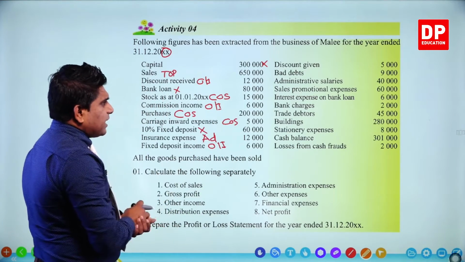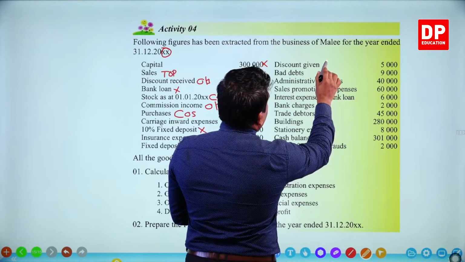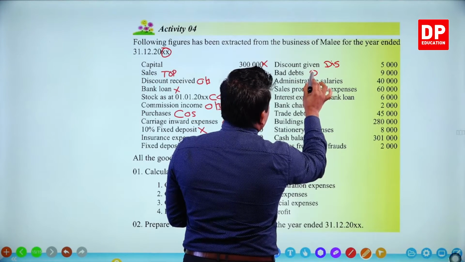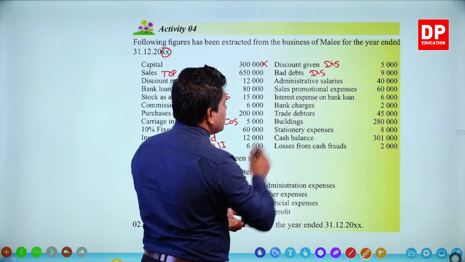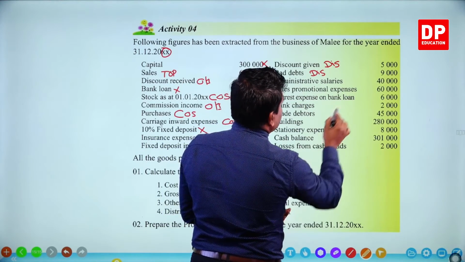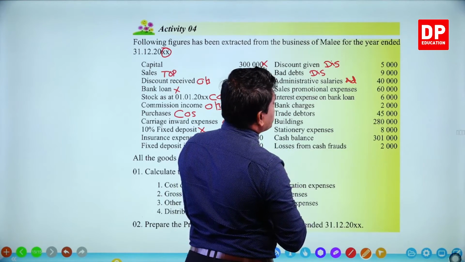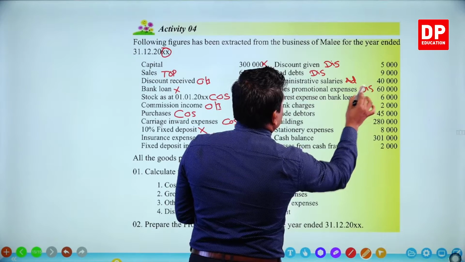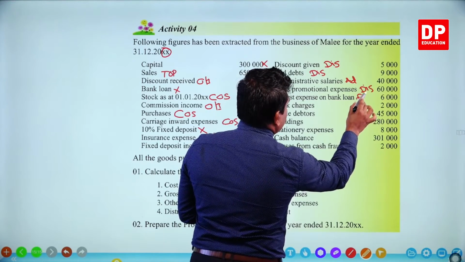Now we move to the other side. Discount given, distributing expense. Bad debts also distributing expense. You remember, I explained this several times. Administrative salary, administration expense. Sales promotional expense, distributing. Interest expense on bank loan, financial expense.